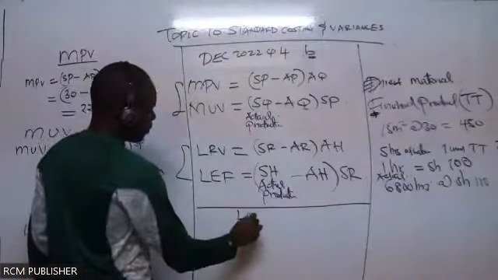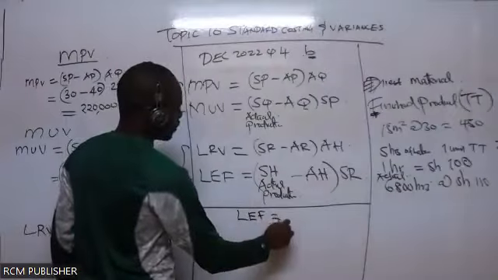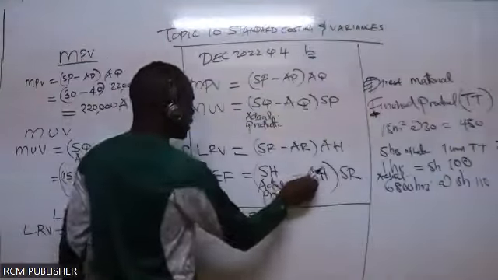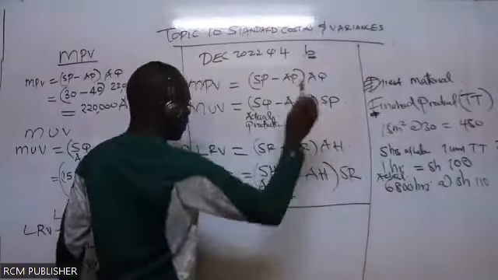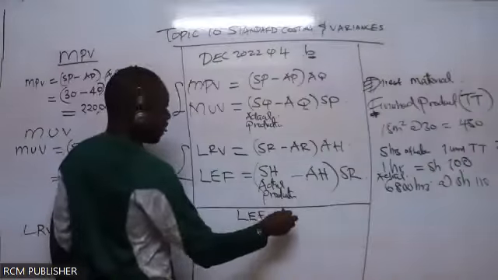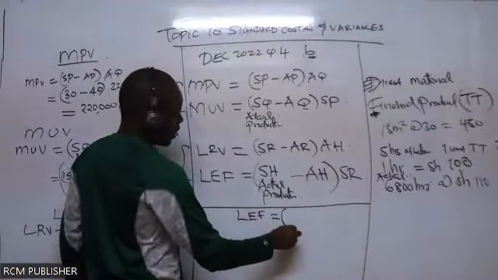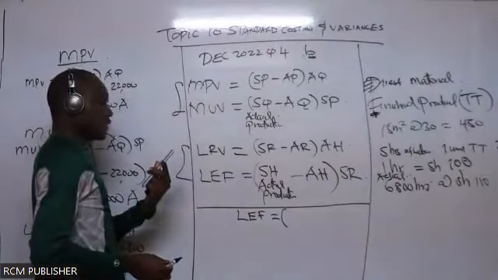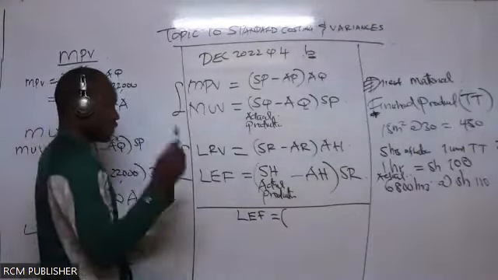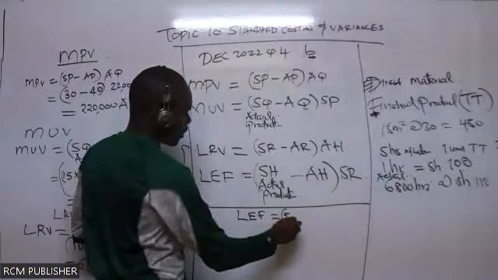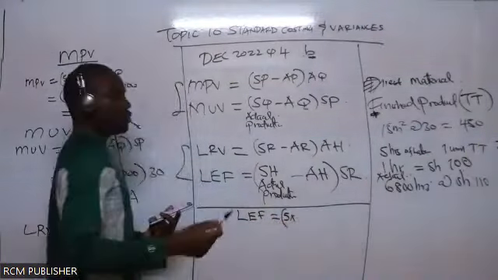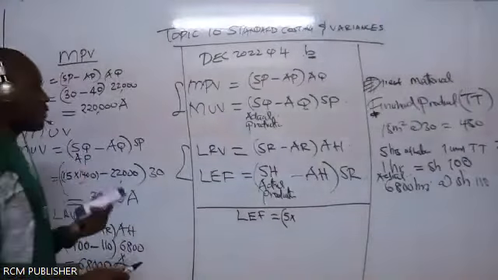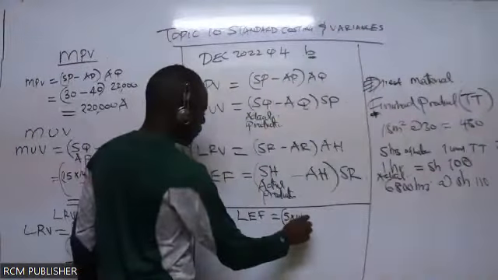So labor efficiency variance is equal to standard hours of actual production minus actual hours, multiplied by the standard rate. The standard hours given there is 5 hours per unit of output. The actual production of the finished product TT, we are told, is 1,400.